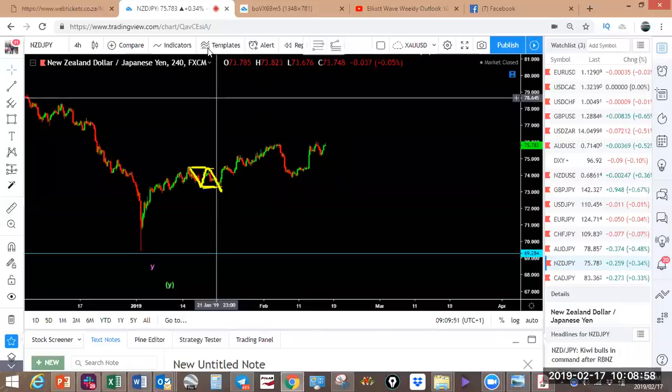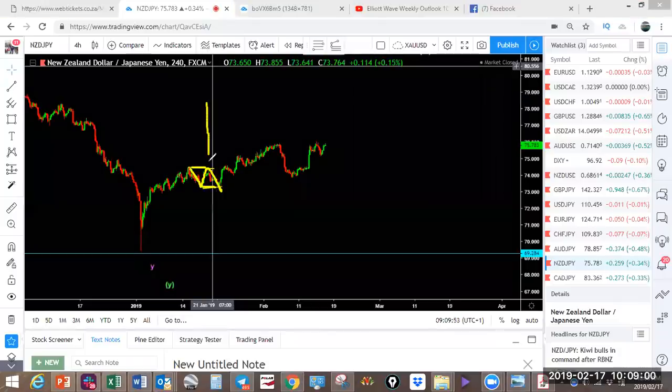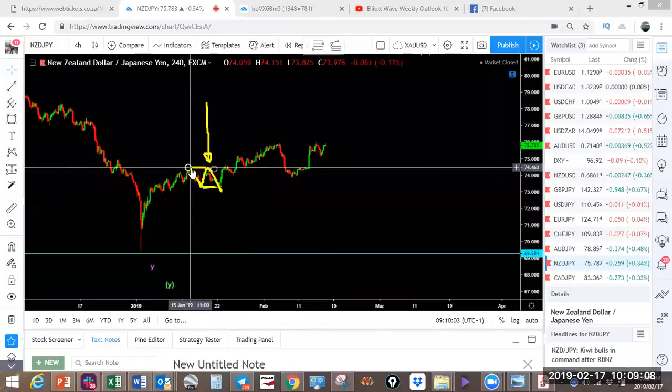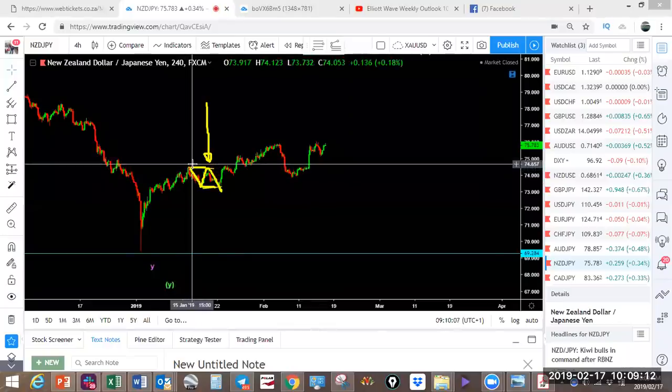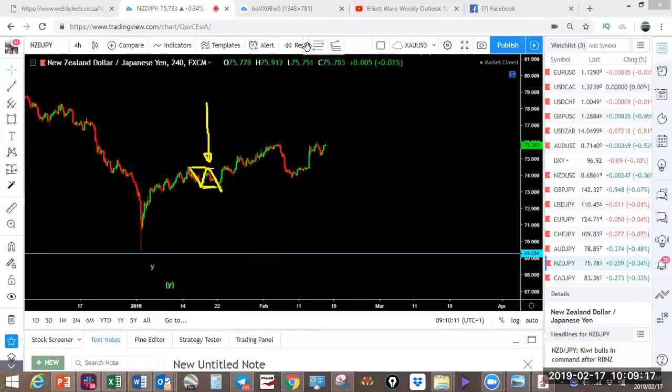It has happened on New Zealand on this date. On this date, and this was 15 January. Okay, this is 15 January. So we could have copied all these moves to the upside on the yen pairs.